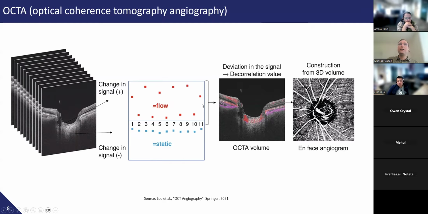And by calculating the variation of the signals in different areas, we can generate a 3D map that is actually the location of the vessels in every area that we capture the image. And this image shows the vessels at the optic disc. These are the vessels that originate from the optic nerve.